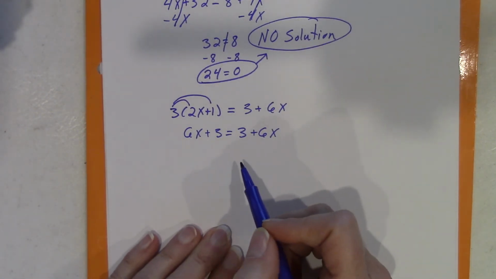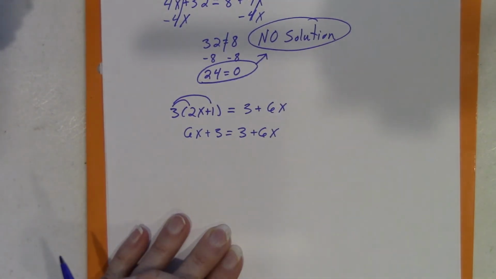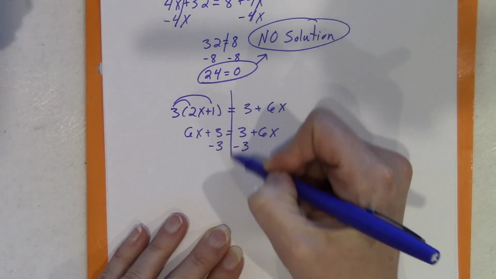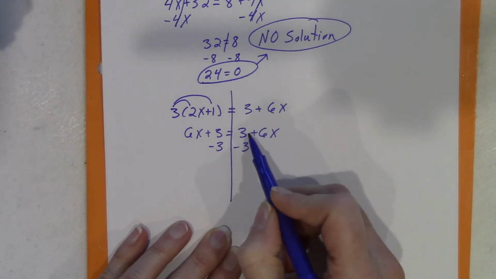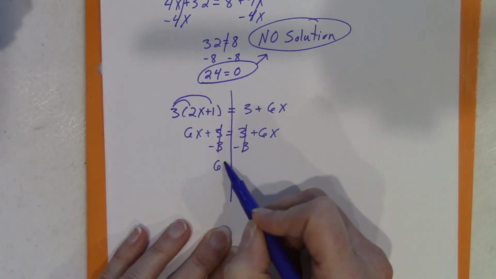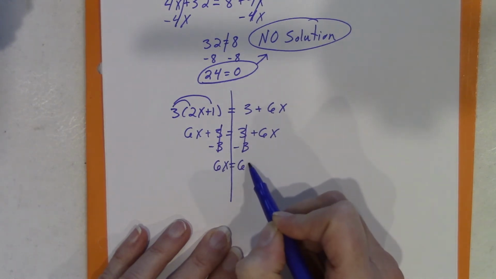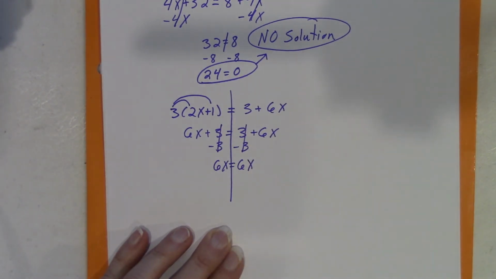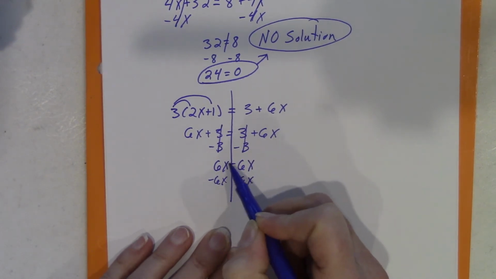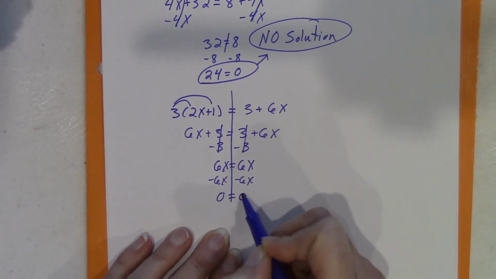So I can go through, let's zero out our 3 here. 3 minus 3 goes to 0. 3 minus 3 goes to 0. I'm left with 6x equals 6x. I usually subtract 6x from both sides. And then I'm left with 0 equals 0.